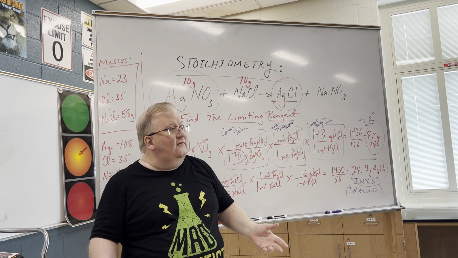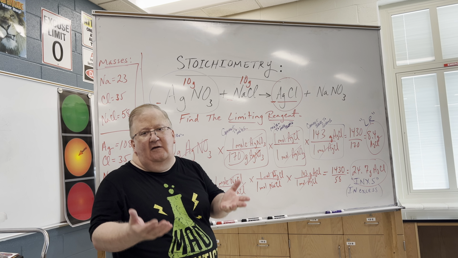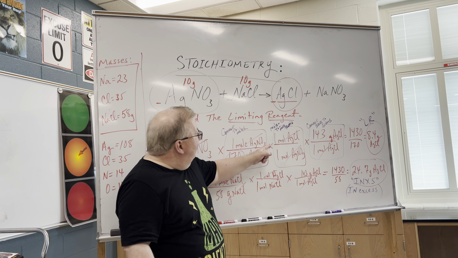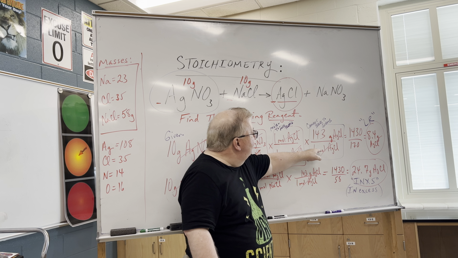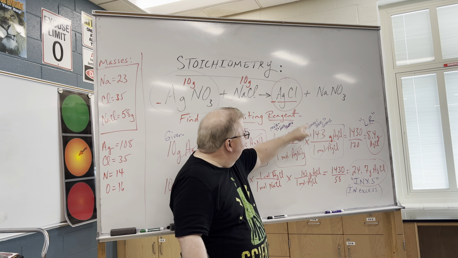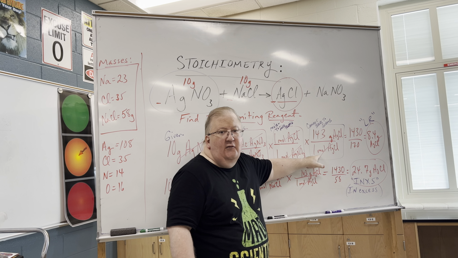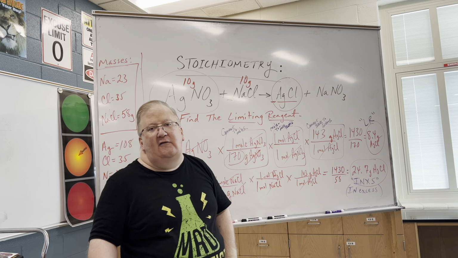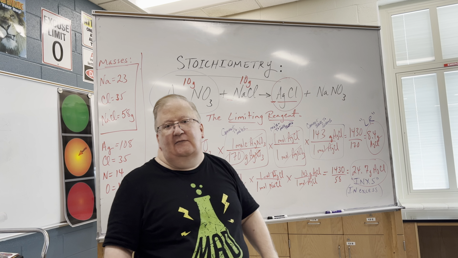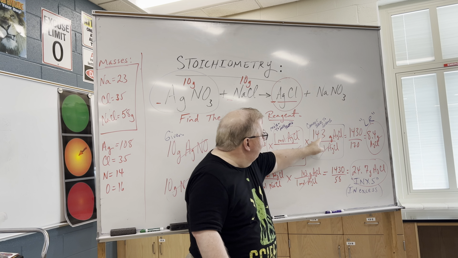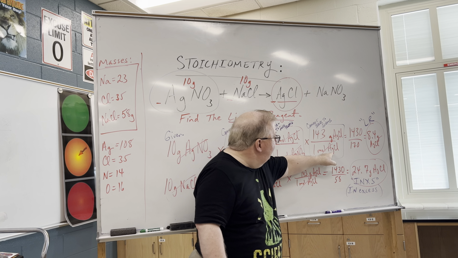It's like saying, to make a car, you have to have 4 wheels and 1 body frame. To make a bicycle, you have to have 2 wheels and a body frame. Everything is based on ratios, okay? Then the final step is to change the product back from moles into grams. Again, how do you do that? It's the molar mass, okay? We look at the periodic table, add up 1 silver and 1 chlorine, and get the molar mass.